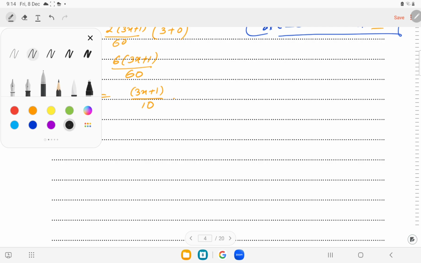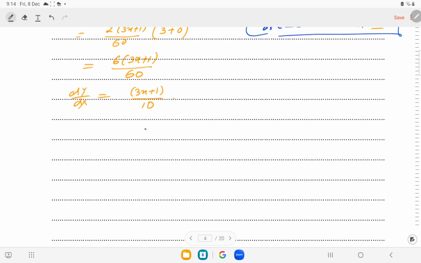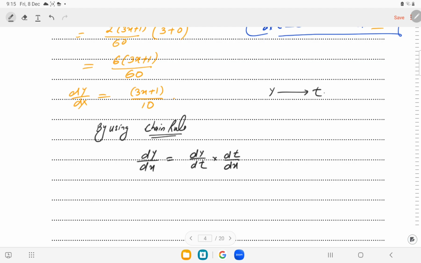By using the chain rule, because we have to find the rate of change. Here, the chain rule is dy by dx equal to dy by dt times dt by dx, because here we have y to t to x.